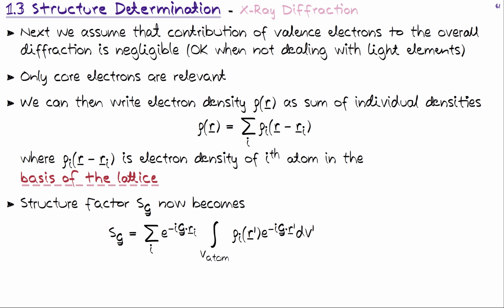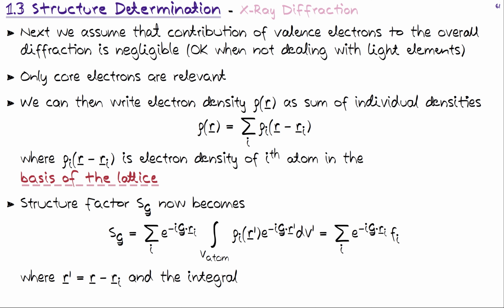Now we can redefine this leftover integral and simplify the notation slightly. So we're summing over indices i, and we have exponent i g Ri times Fi, where Fi is known as an atomic form factor. R prime is R minus Ri, to simplify notation, and the integral Fi is known as the atomic form factor.